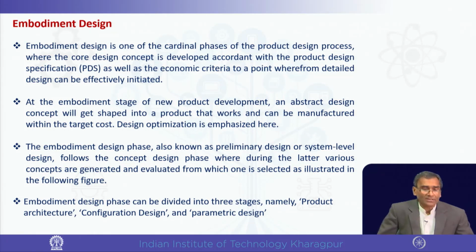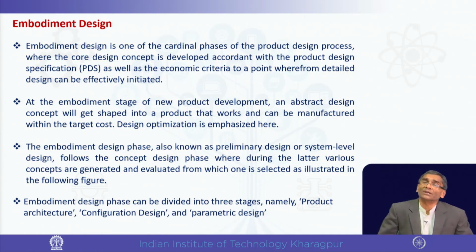So, when we say economic criteria, those are important to keep in mind, and that is one of the design constraints. Here the abstract design concept gets shaped, picks up shape into a product that functions, that works, and can be manufactured within the target cost.